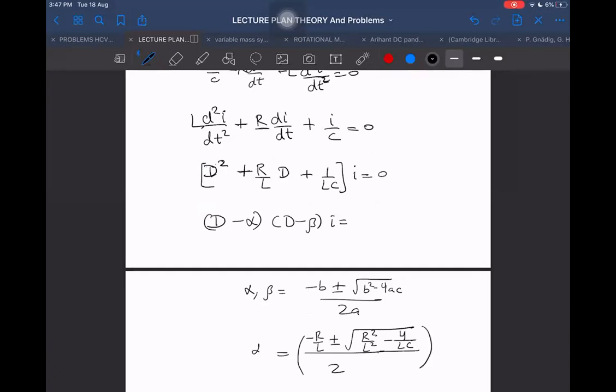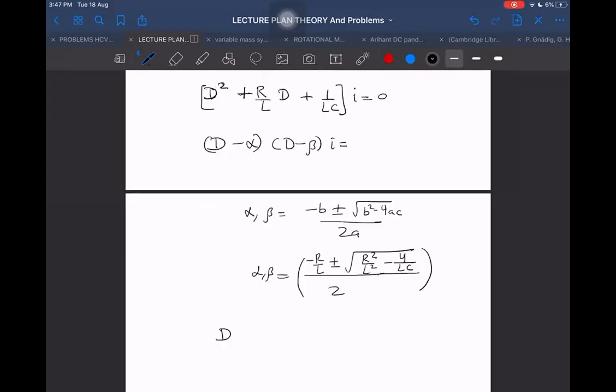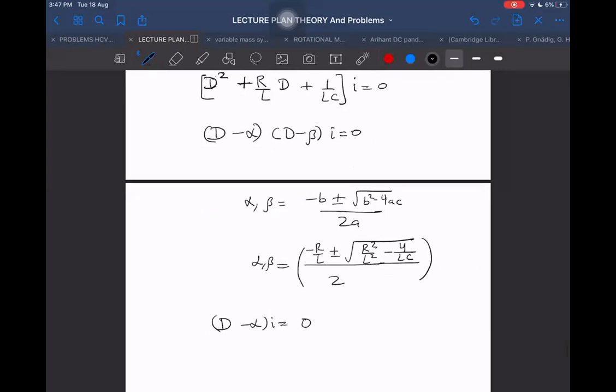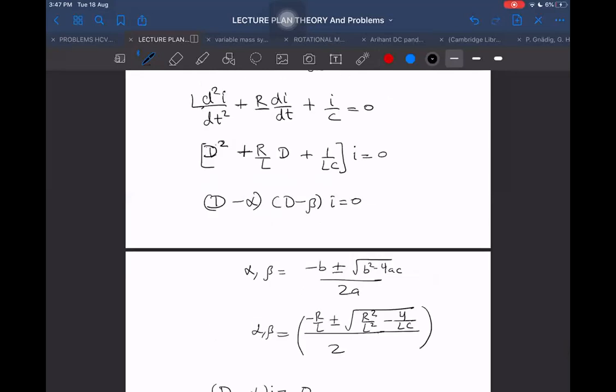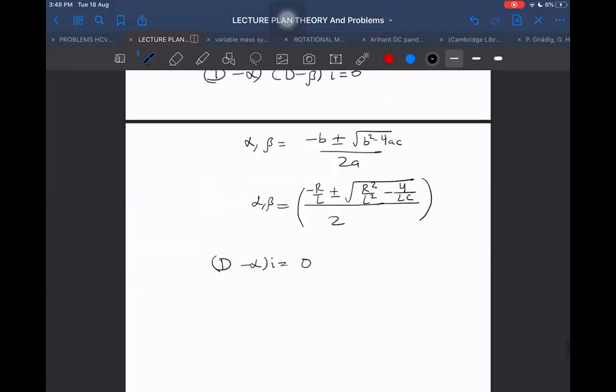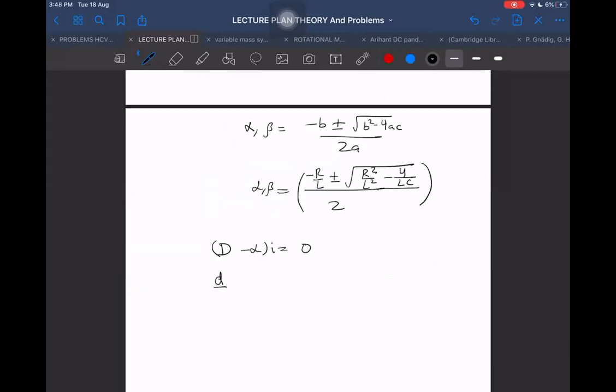These are the values of alpha and beta. D minus alpha into I is equal to 0. What does it mean now? Put D back, which was replaced in place of d by dt. So I can write it as d by dt of I minus alpha into I is equal to 0, which is a simple equation.